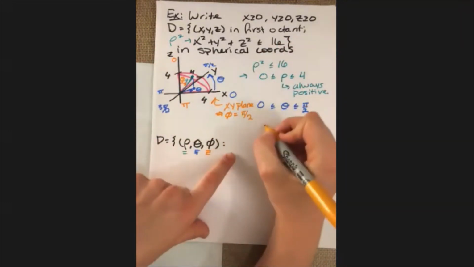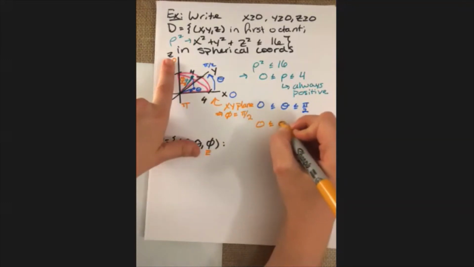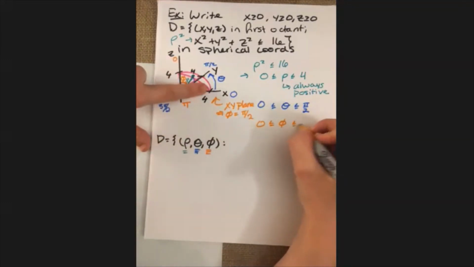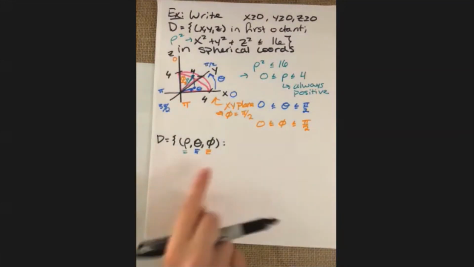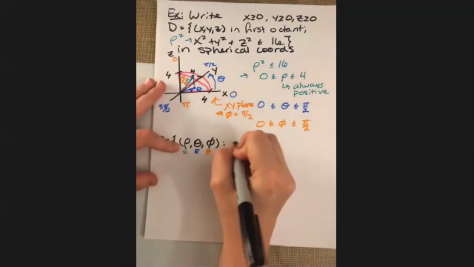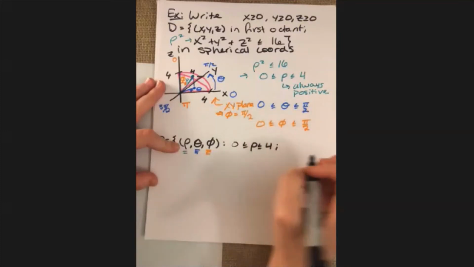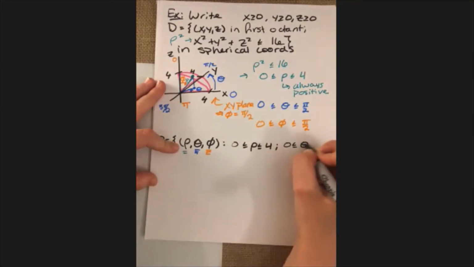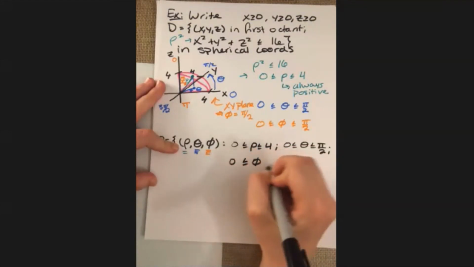So phi is allowed to start at 0, but only go as far as pi over 2. And that gives us all the information we need for spherical coordinates. So rho is between 0 and 4. Theta is between 0 and pi over 2. And finally, phi is between 0 and pi over 2 as well.